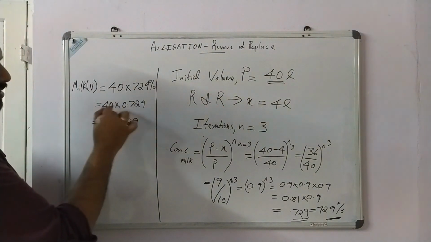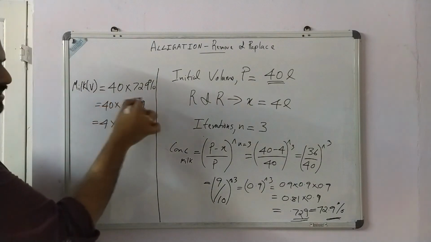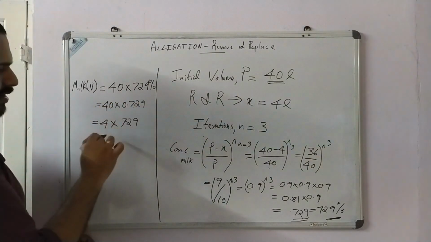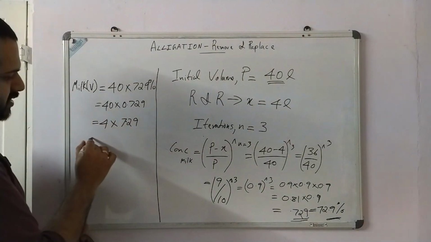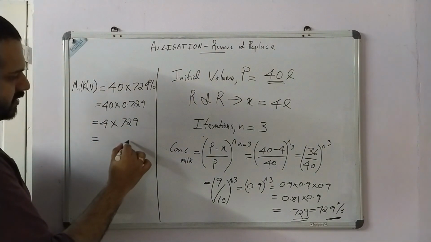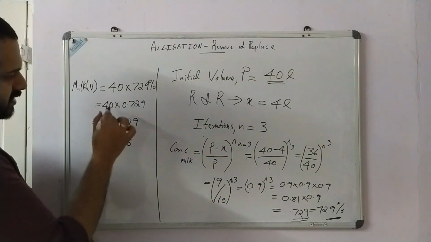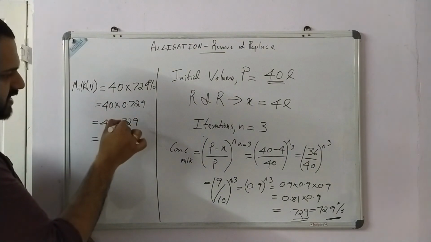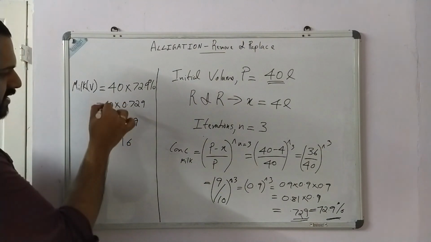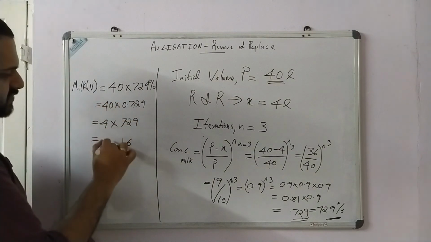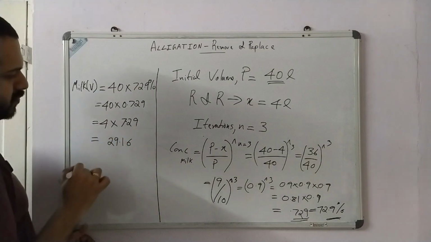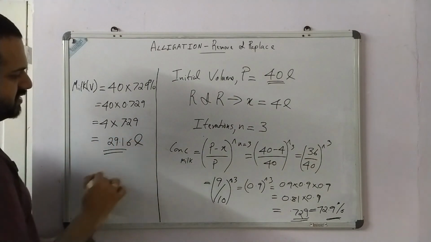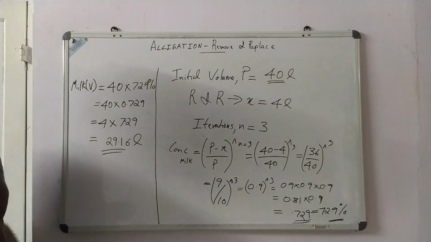I'm just using the 0 place here to remove a decimal point. Now I multiply 7.29 by 4. What do I get? 6. 3 carry over. 4 into 2 is 8. 8 plus 3, 11. 1. 4 into 7 is 28. 28 plus 1 is 29. How many decimal places do we have? 2. So your final answer is 29.16 liters.